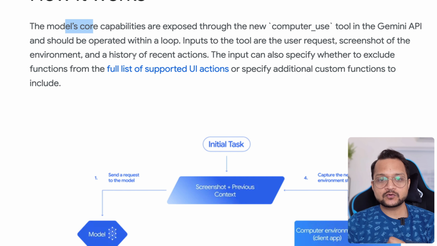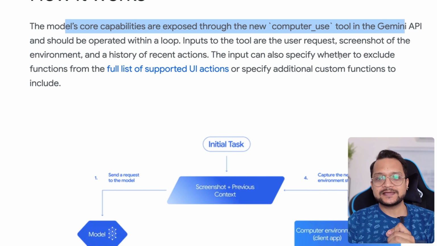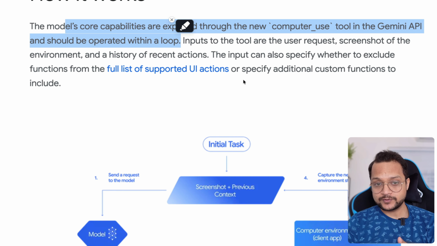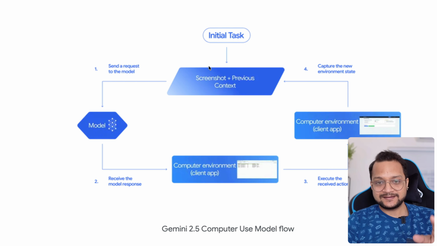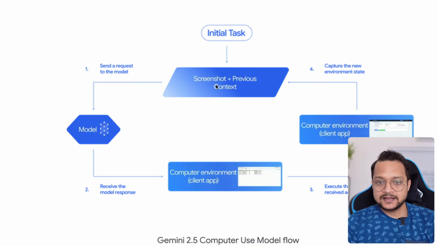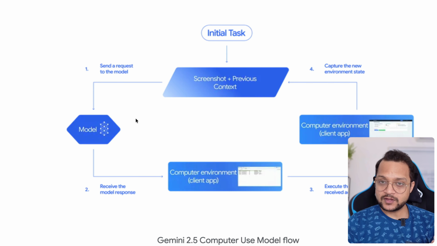The model's core capabilities are exposed through the new computer use tool in the Gemini API and should be operated in a loop. And what is the loop here? It's like this. If a task is initiated, the screenshot and the previous context are sent to the model.